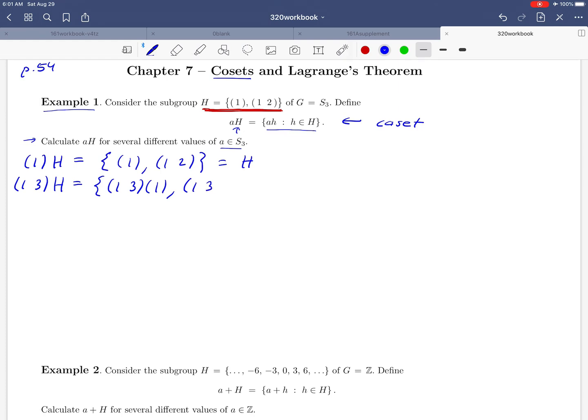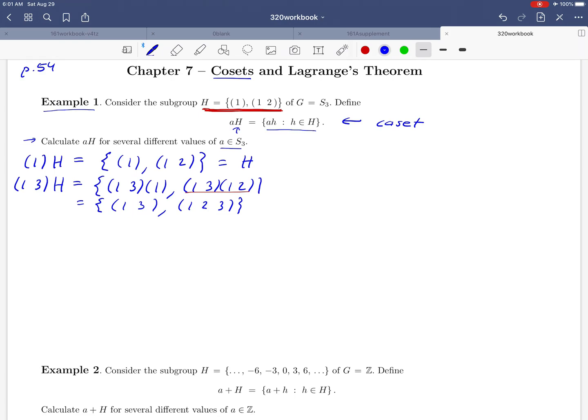So (1 3) times the identity permutation is just going to give us (1 3) back again. Then (1 3) times (1 2), and I'm saying times, but I really mean composition. This is function composition. You can check and verify that you're just going to get the 3-cycle (1 2 3). So there's our coset of (1 3) times H.